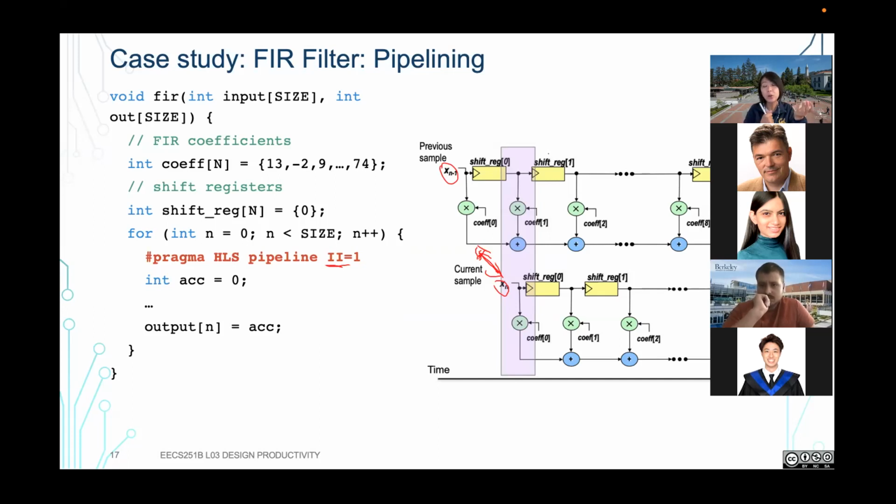So this is loop pipelining. Unrolling, partitioning, and pipelining are the three standard optimizations to expose parallelism and get more parallel hardware. There are other directives, but at least from my experience, the most commonly used and most powerful ones are those three to get good design efficiency.